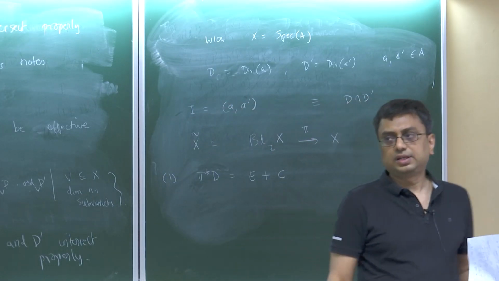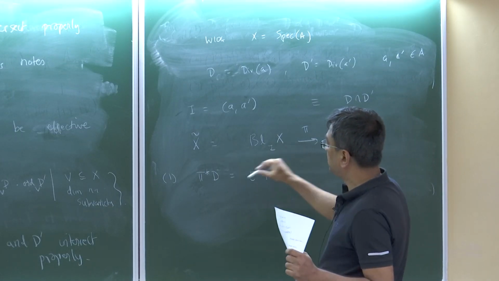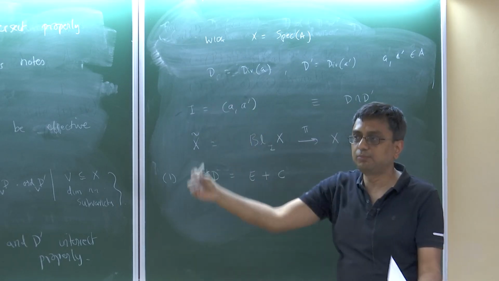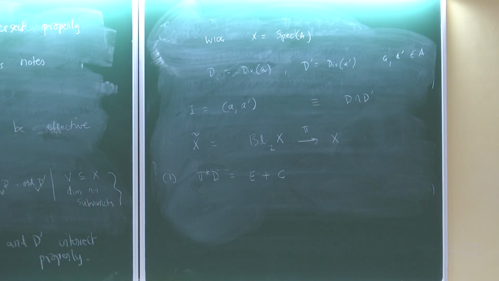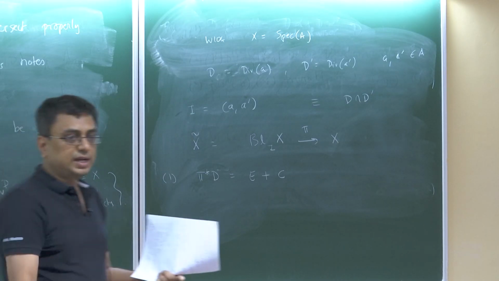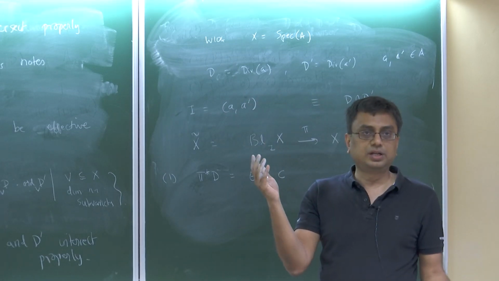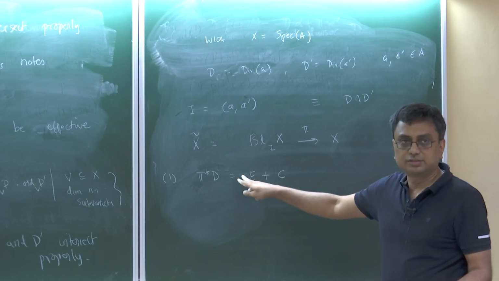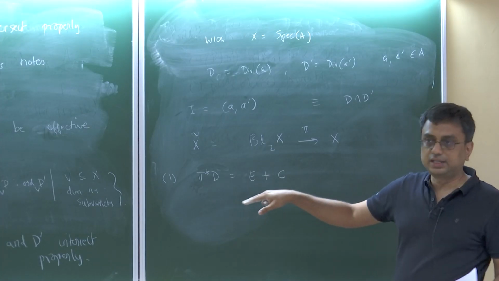This is obvious, because the exceptional divisor is given by the inverse image of the ideal sheaf that I'm blowing up, and D contains the zero locus of that ideal sheaf. So if I take the inverse image of D, it is going to contain the exceptional divisor. But of course I'm claiming that it contains it with coefficient 1. We need a local calculation to actually check this.